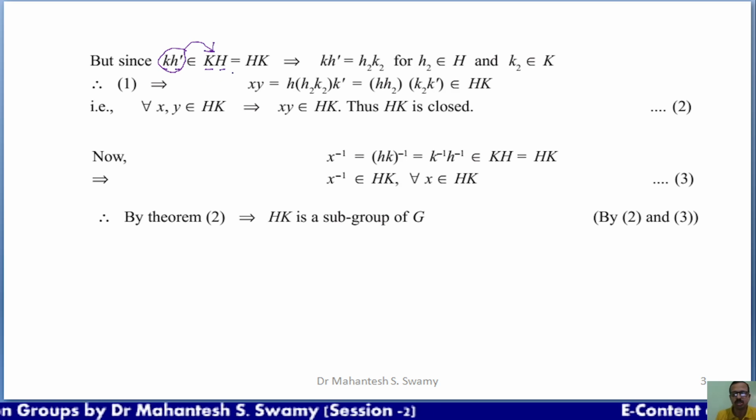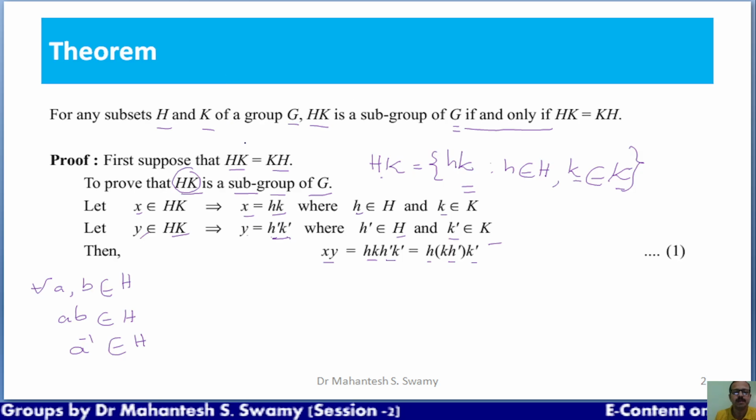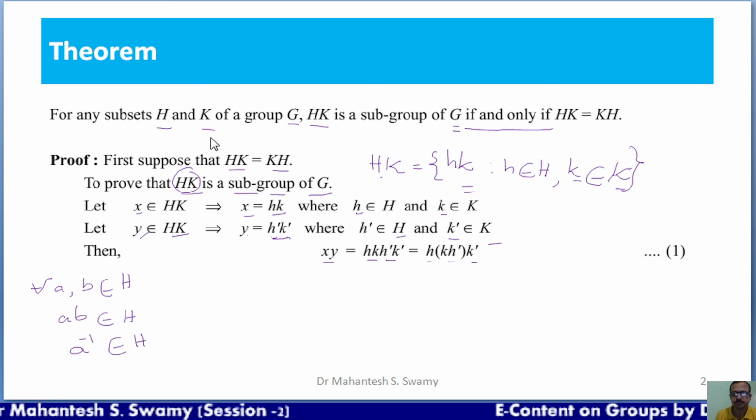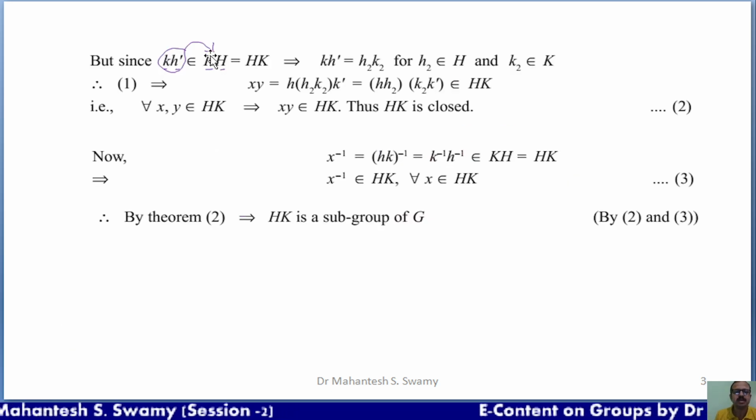And we have already assumed in the beginning itself that KH is the same as HK. Therefore, here we have written KH is equal to HK. Now what we have in our hand? HK is the same as KH.